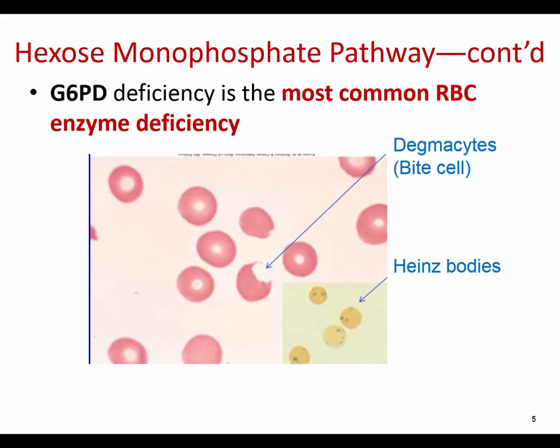So anytime that you are looking at red blood cells that have a lot of bite cells, if you do new methylene blue, it is very likely that you will have Heinz bodies. What are Heinz bodies? Denatured hemoglobin. Okay? That's one. You understand where that's coming from now. Any questions?